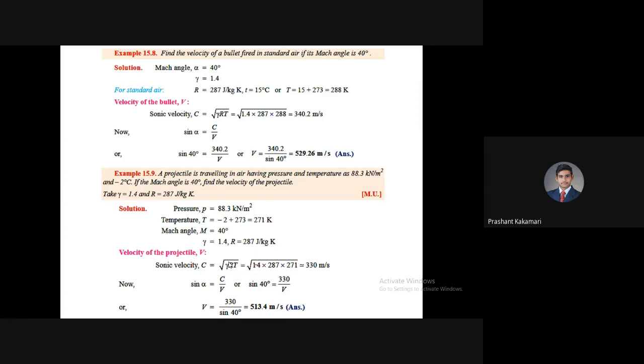You can also write it in kilometer per hour, but for objects, we do not write in kilometer per hour. For vehicles like aircraft or any four-wheeler or other objects which are transporting, we write kilometer per hour.